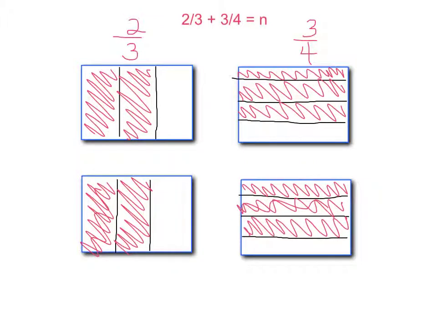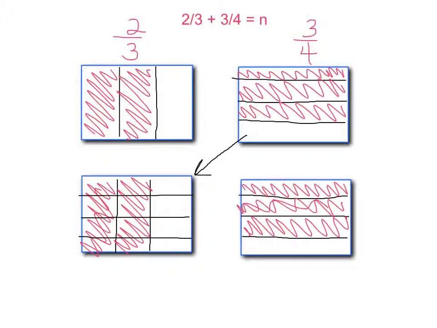Alright, here we go. Here's the magic. This is where we're going to move our lines. I'm going to move the lines from this box over to this box. So I'm moving those horizontal lines. So I need to move those 3 lines.